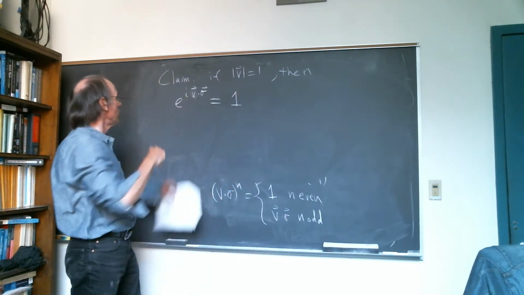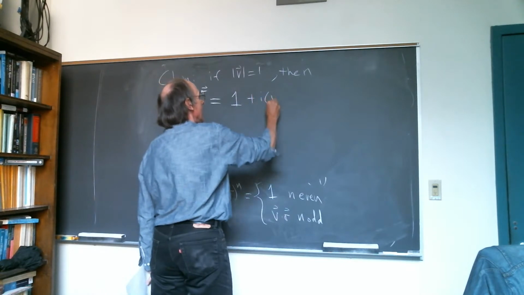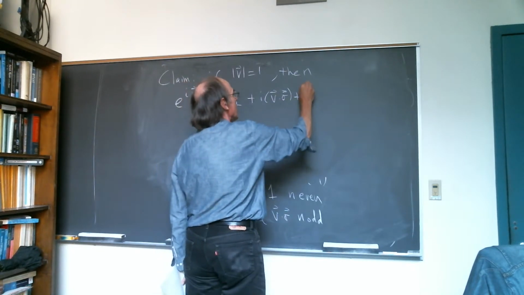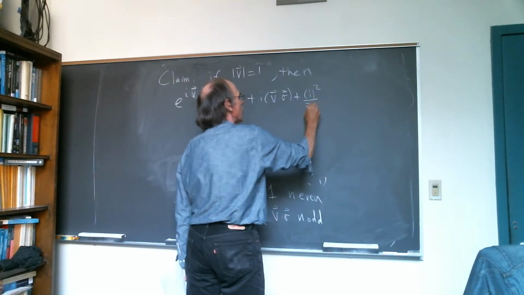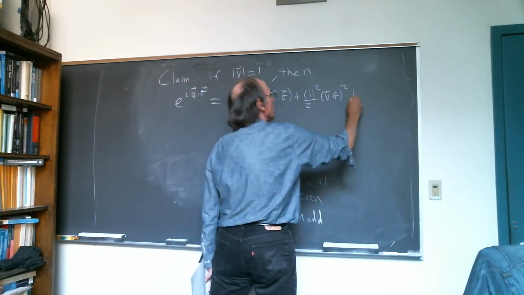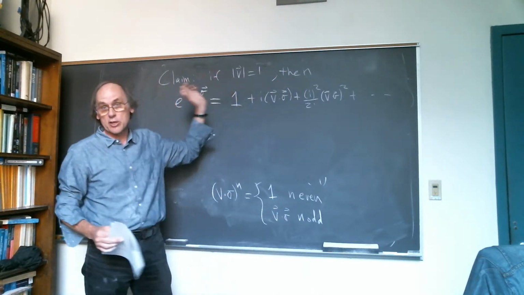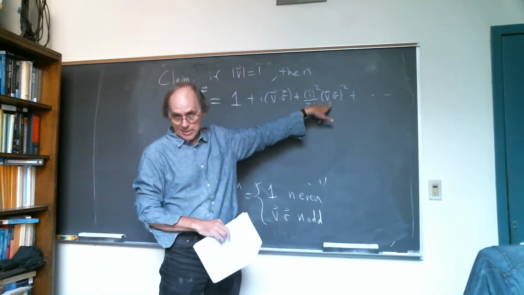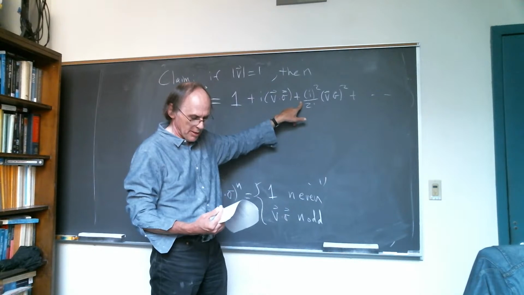You write out the Taylor series for the exponential: 1 plus I v vector dot sigma vector plus I squared over 2 factorial times v vector dot sigma vector squared, plus etc. You just write out the formula for the exponential as a power series, and all of the even terms become the identity.